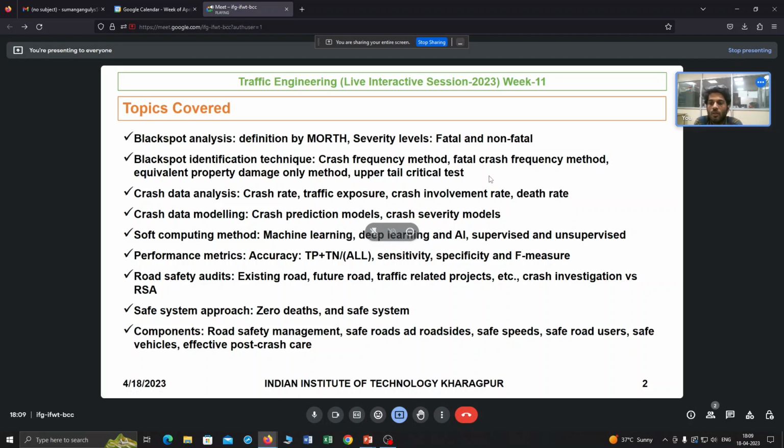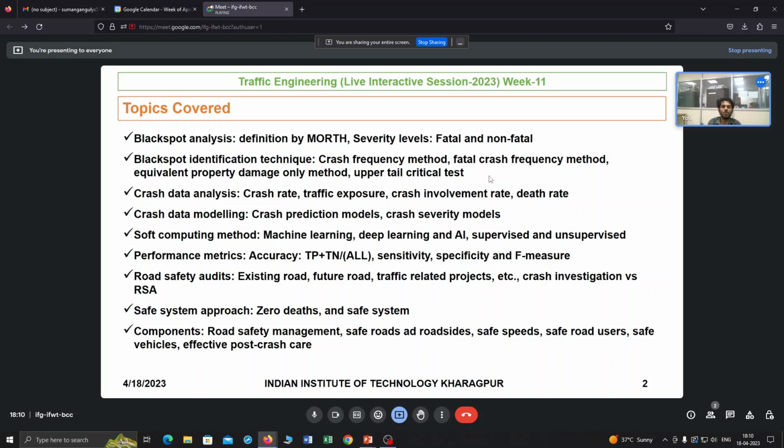So black spot, suppose you are saying that accidents are frequently occurring at a particular location. Suppose we are considering MoRTH criteria, so 5 accidents occurring at a particular location, we can consider it as a black spot. Now suppose you have 4 locations, 4 500-meter segments, and you know how many accidents occurred during the last 3 years, and based on that you have decided the black spot.